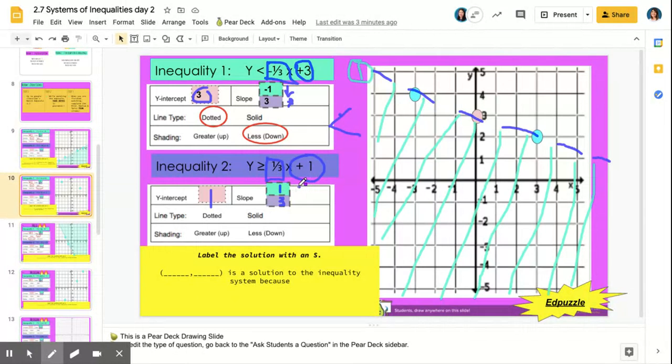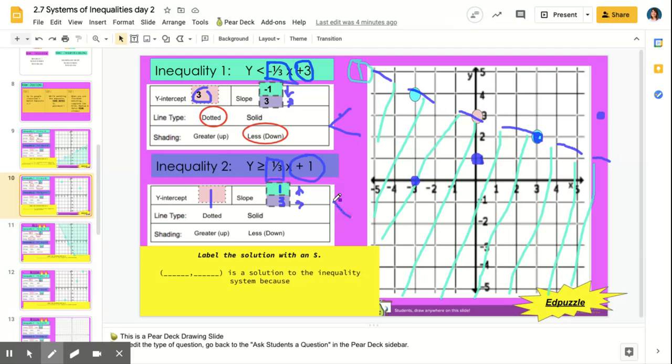So our direction is up 1 and right 3. So I go ahead and I plot my y-intercept. And then my slope told me up 1 space, right 3. Up 1 space, right 3. That's going to go off the graph, so I can't do any more. I can go in the other direction and just keep that same pattern. So we want it to still be up 1, right 3.